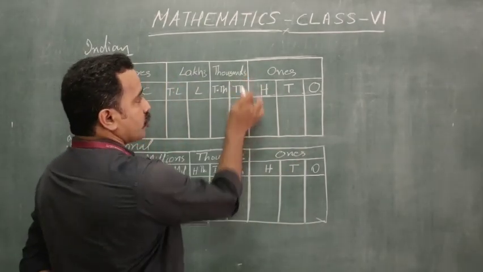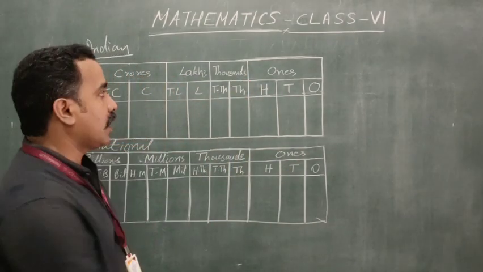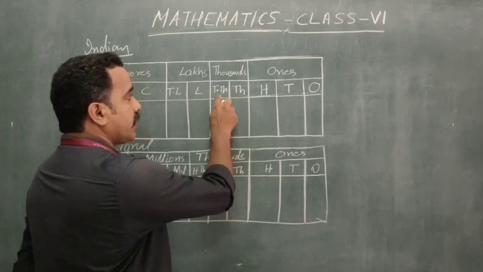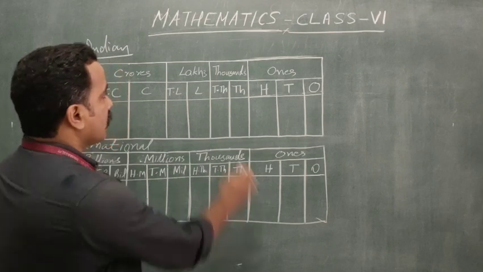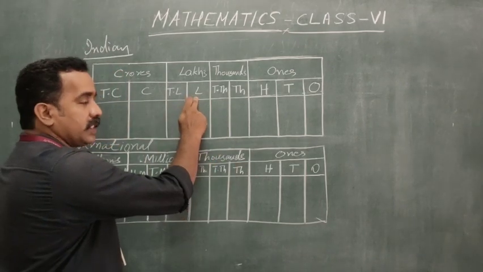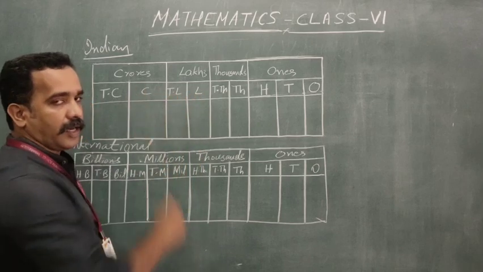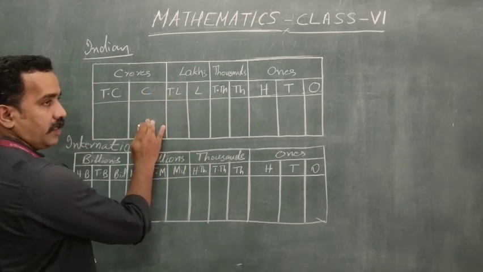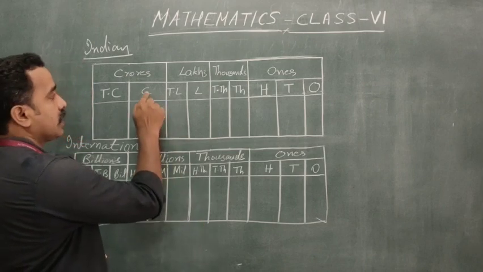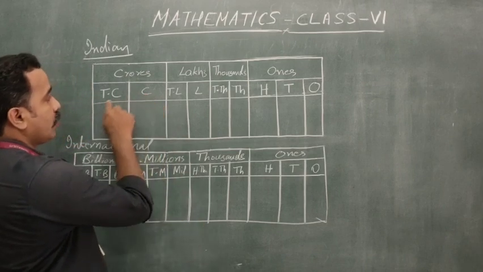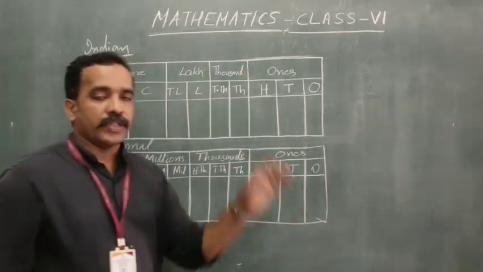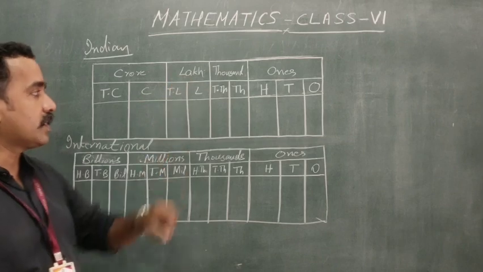Then the thousands group, the next group, contains only 2 digits, that is thousands and 10,000s. Then comes the lakhs period with 2 digits, lakhs and 10 lakhs. Then the crores period contains 2 digits, that is crore and 10 crore. So that is the Indian place value chart.